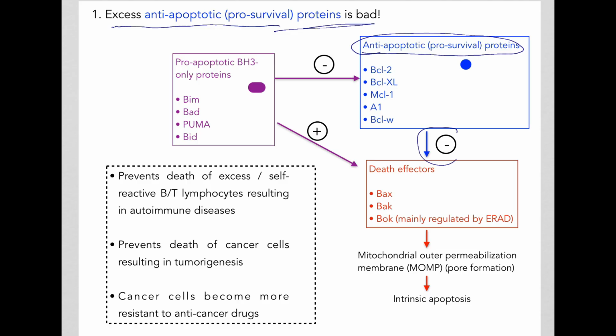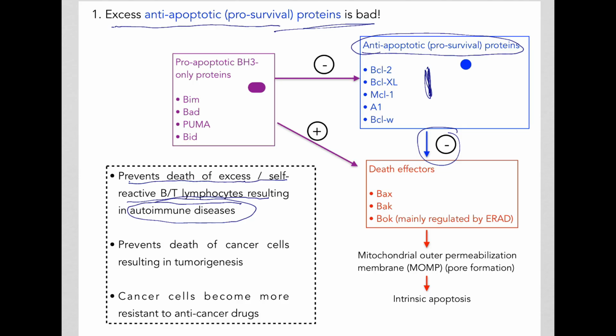If we have an excess of these proteins, that's going to prevent the death of excess or self-reactive B or T lymphocytes, and that is going to increase the chances of getting autoimmune diseases.